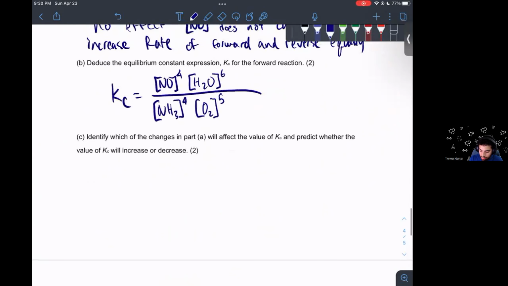Okay, so the last question. Identify which of the changes in part A will affect the value of Kc and predict whether the value of Kc will increase or decrease. So right off the bat, we know that temperature changes equilibrium.